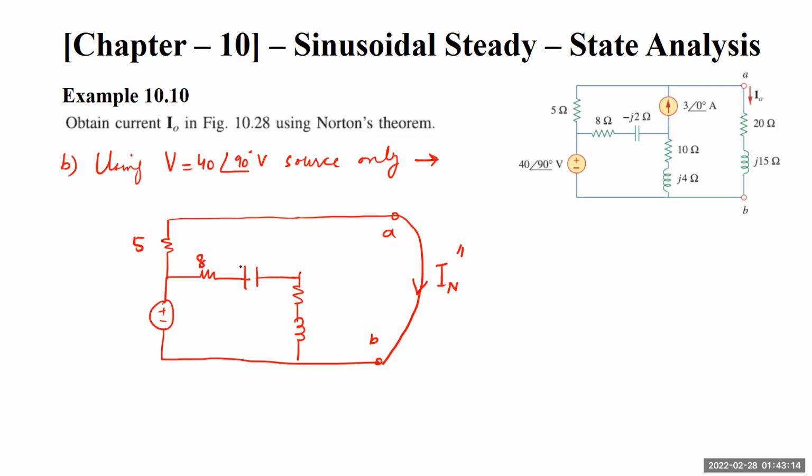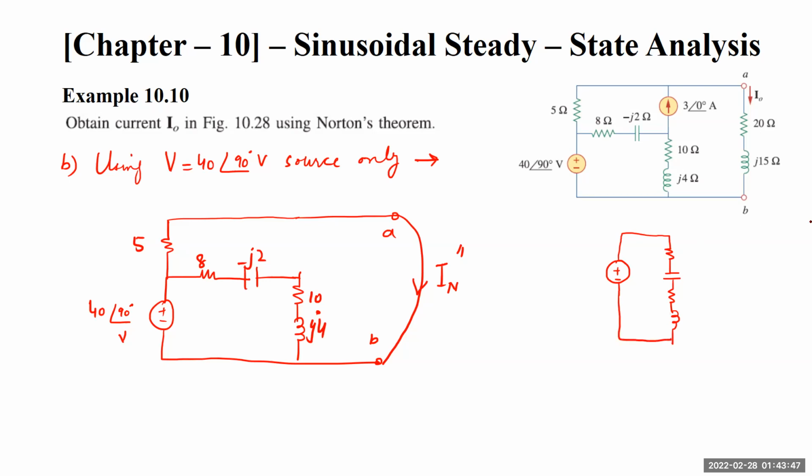This is 5 ohm, this is 8 minus j2, this is 10, this is j4, and this is 40 angle of 90 degree volts. Now, if I draw the circuit for IN double dash, it is something like this: 8, j, 10, 4.